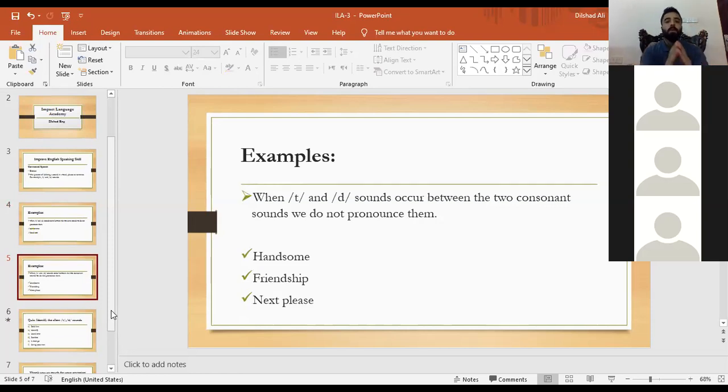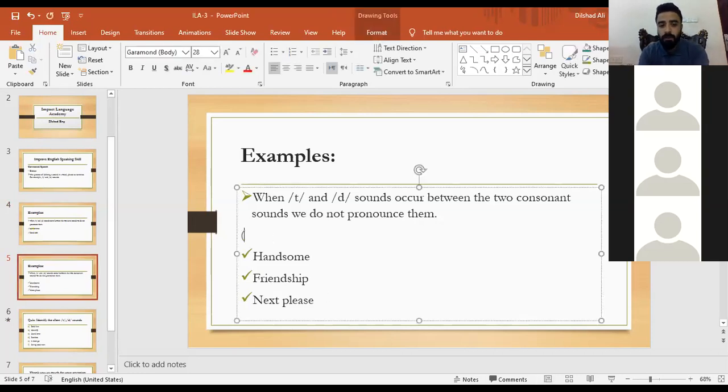And to know what a consonant sound is, let me show you vowel sounds. These are vowel sounds. We have about 20 to 24 vowel sounds, but they all come from these five letters: U, E, O, A, I. These are the five vowel letters.